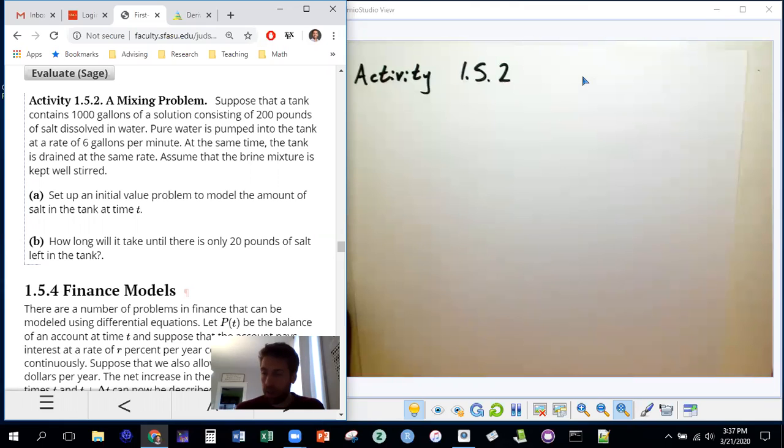Whenever you're doing a mixing problem, first, what should be the name of our variable? I propose our variable is capital S for salt. Then, what is the change in salt in the tank in regards to time?